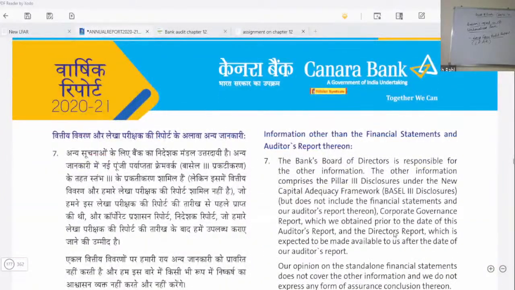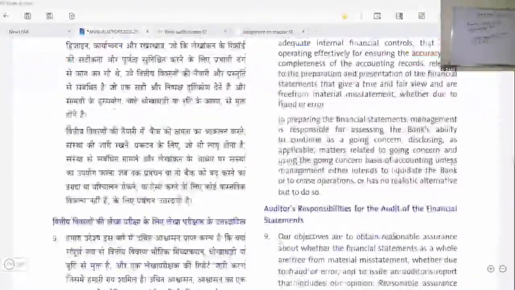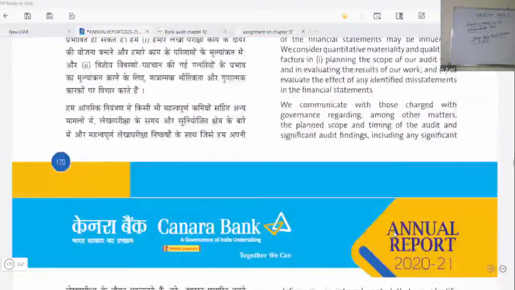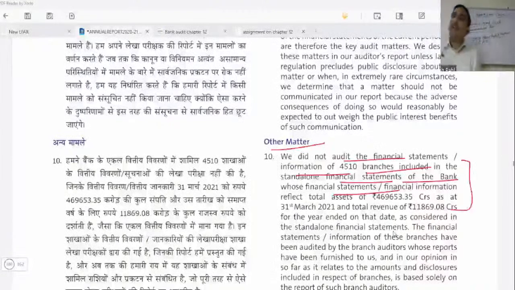And it also shows emphasis of matter paragraphs and such things, auditor's responsibilities, other matter, section 3. So in this report also the auditors have given a report on the effectiveness of internal controls over financial reporting, which is there in an annexure.